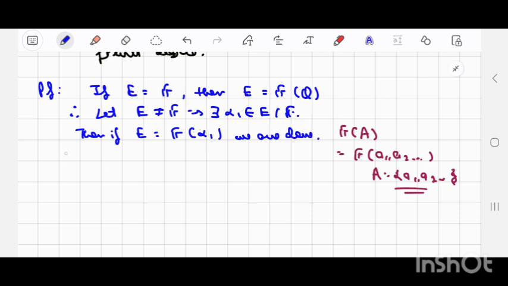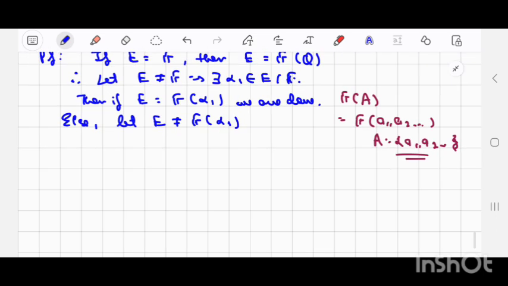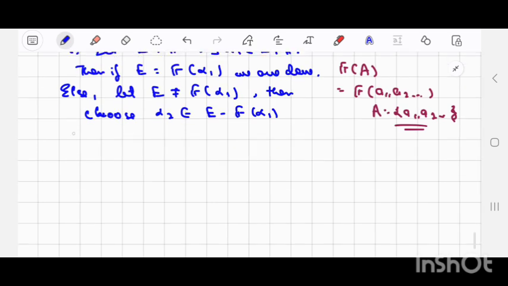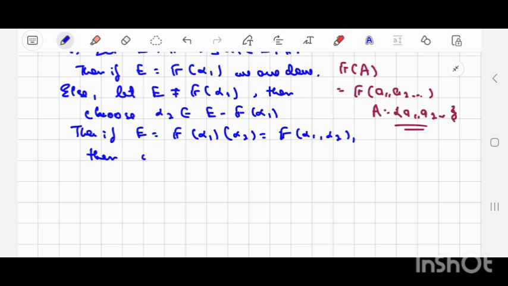Else, let E be not equal to F(alpha 1), then choose alpha 2 contained in E minus F(alpha 1). Clear? Then if E is equal to F(alpha 1, alpha 2), then we are done.